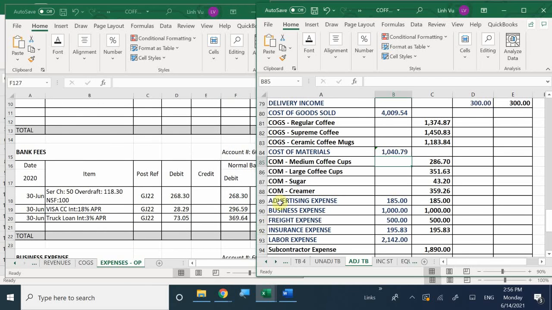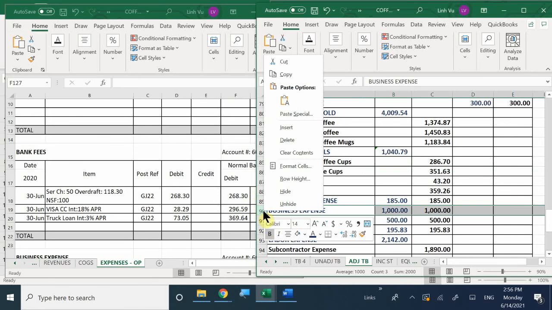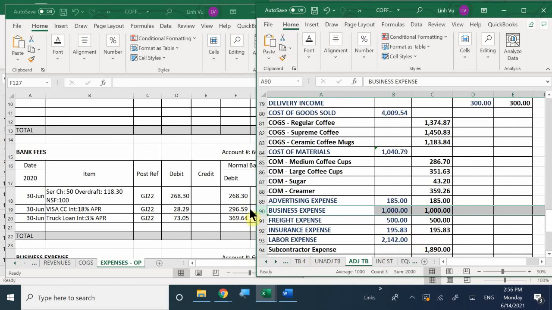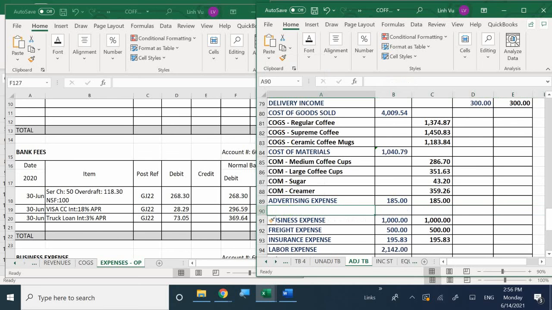Now we encountered bank fees, so insert that line above the business expense for bank fees. What was the total amount of my bank fees? 369.64.